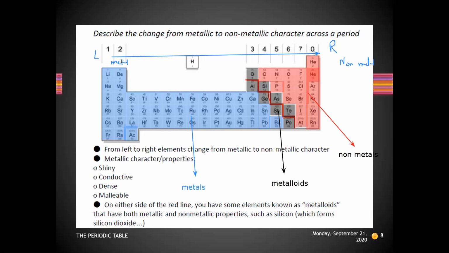Moving from left to right, we observe that the metallic character changes to non-metallic character. There are more metals on the left hand side and more non-metals on the right hand side.